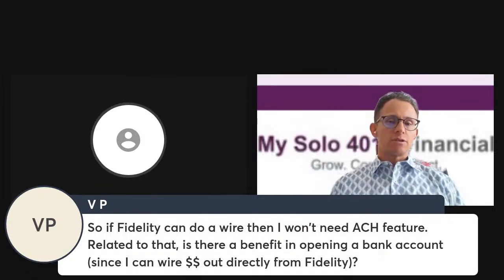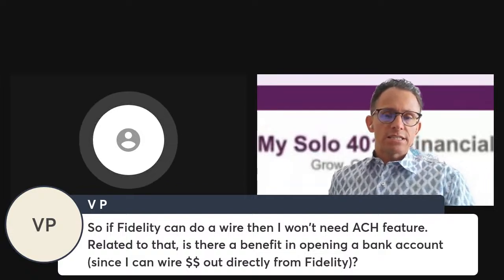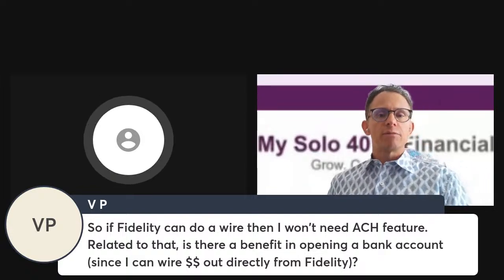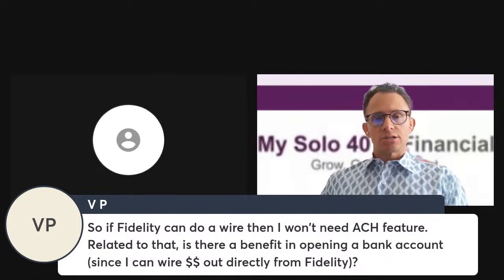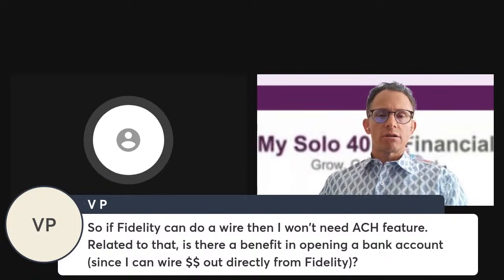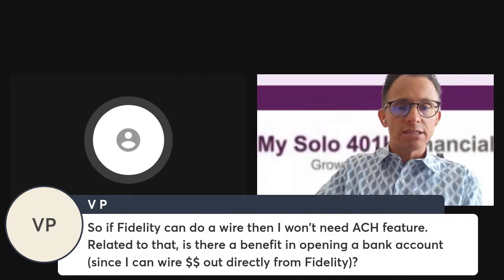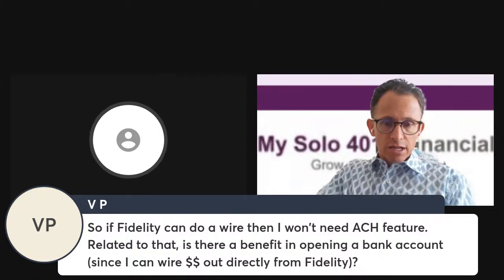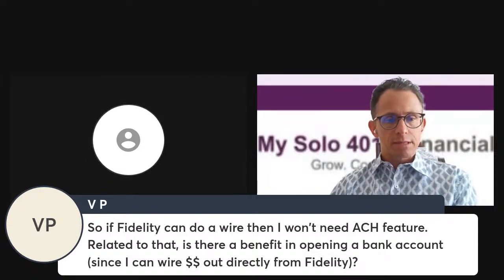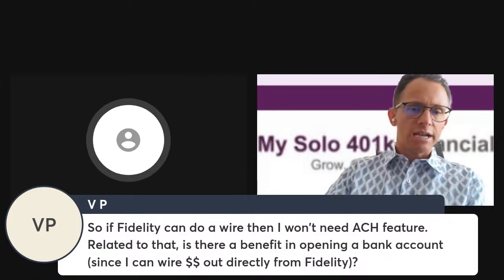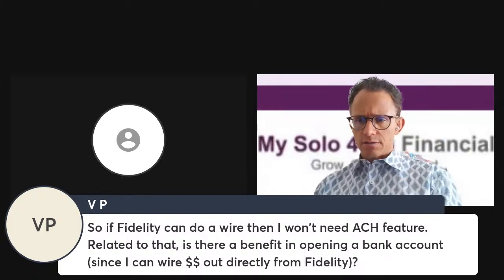You would follow the wire instructions, because ACH is not available for sending money out of the brokerage accounts. That's for sending money into the brokerage accounts. So that procedure I sent over earlier of how to submit that wire directive to Fidelity to have them wire the money directly to the investment sponsor for that private real estate investment is what you need to follow. So no, you do not need a bank account.